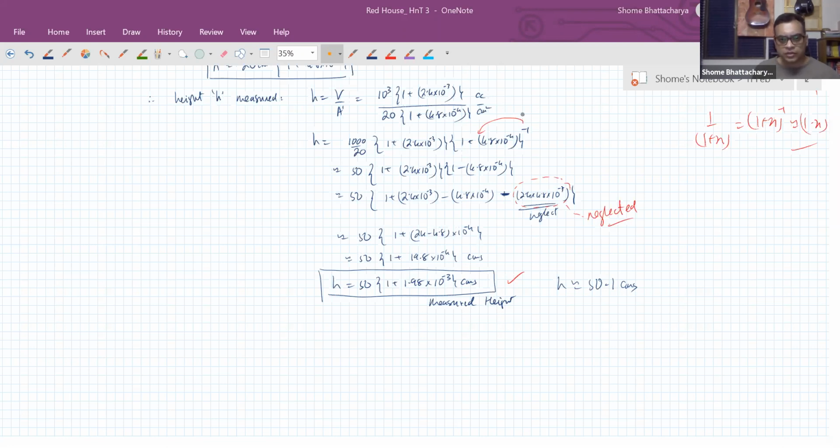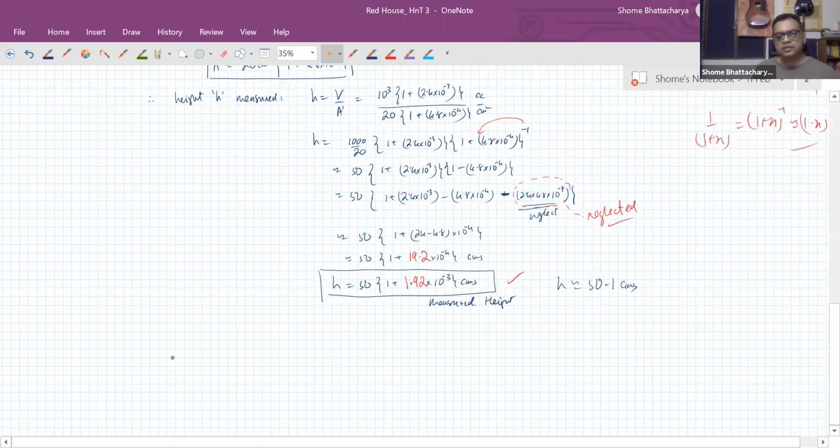Oh, I've got this calculation wrong, is it? Just a minute. Yeah, I've got this calculation wrong. Just a small correction here. This is 19.2. Okay, so this should also be. Anyhow, it will still come out to be more or less that much only. Yeah, more or less come out to be this much, 50.1 centimeters.